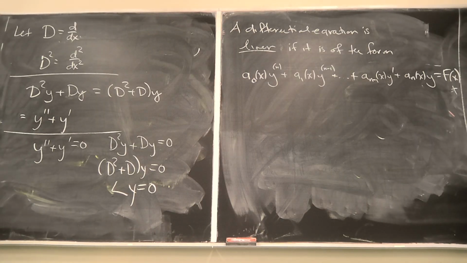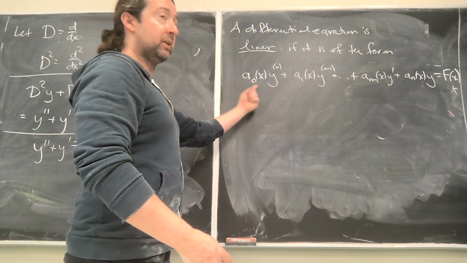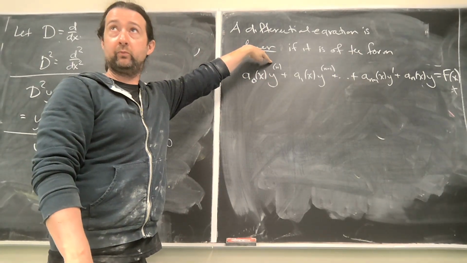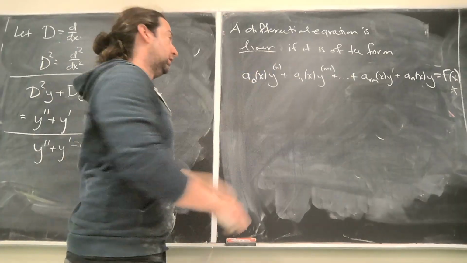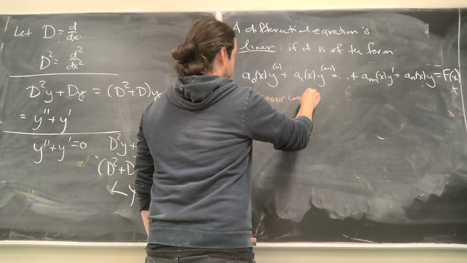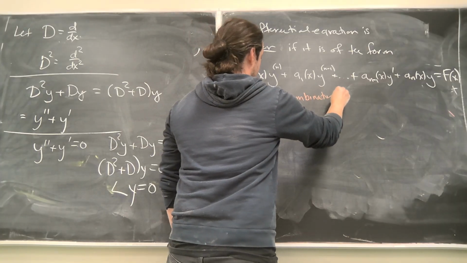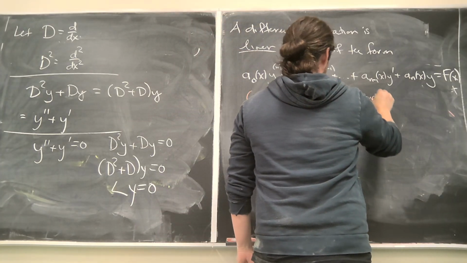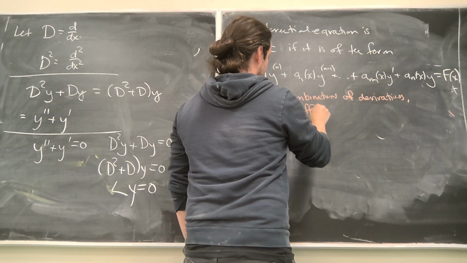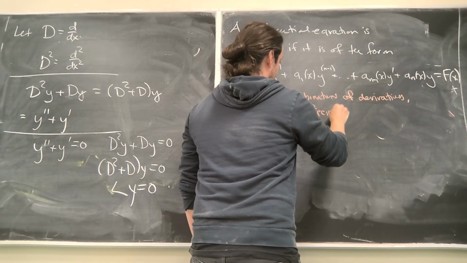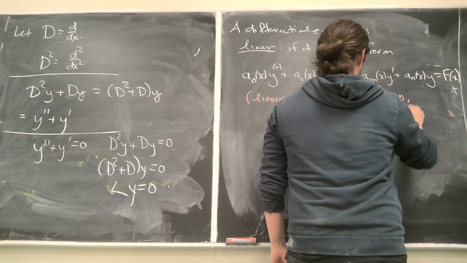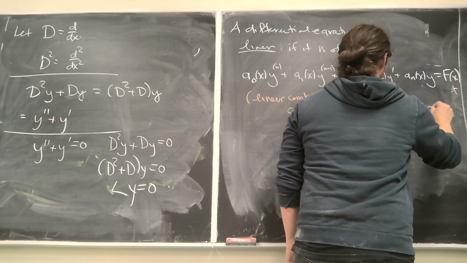All it's saying is it's a linear combination of the derivatives of y. That symbol right there means the nth derivative of y. So it's just telling you linear combinations of derivatives. But the coefficients can be functions of x.